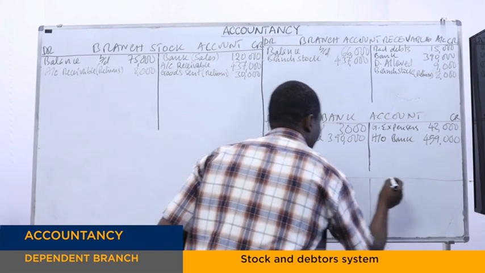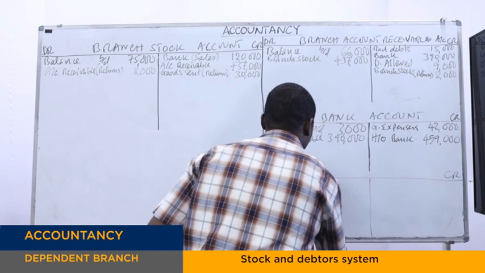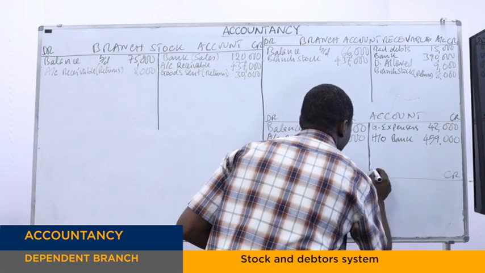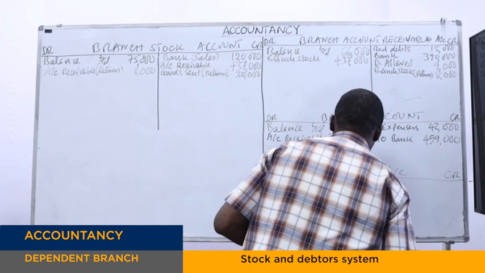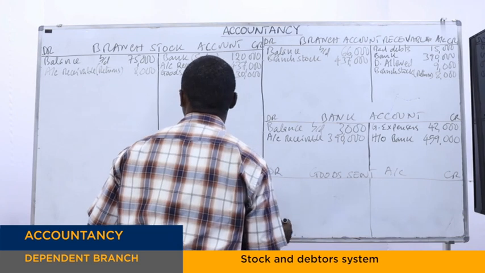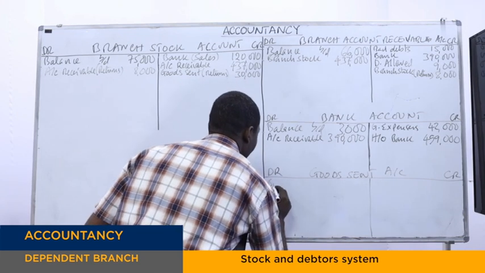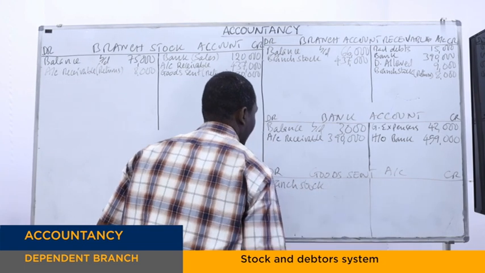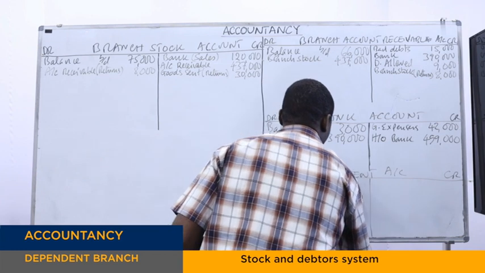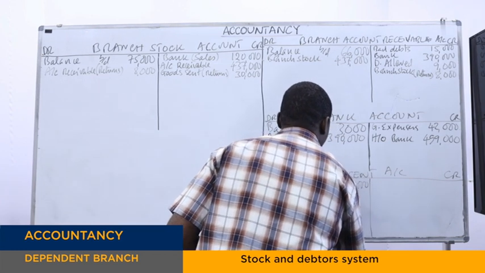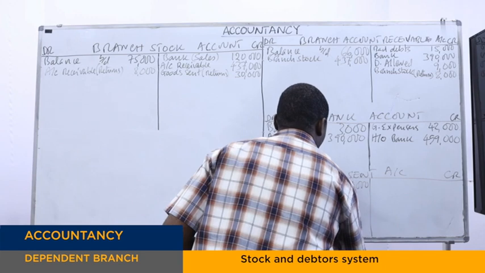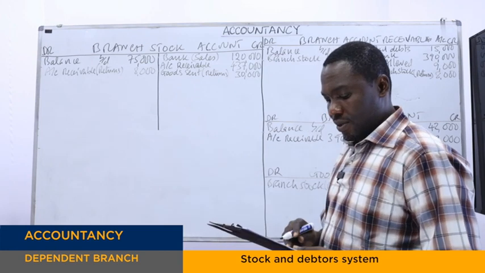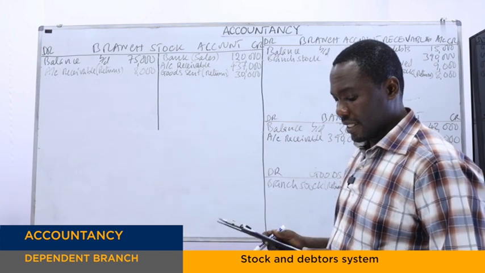We have debit, credit. This is the goods sent account. That was a return from branch stock. Branch stock, that was a return, 30,000. That is returns, 30,000.